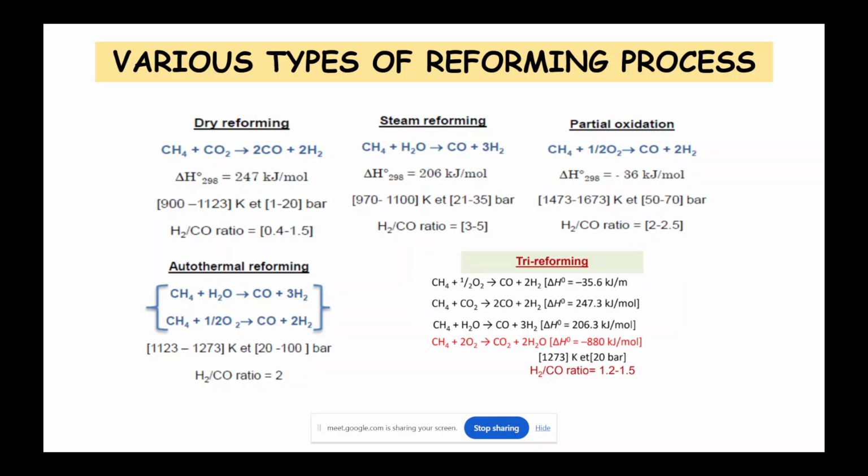So this syngas can be converted into liquid fuel through three different ways. The first one is the Fischer-Tropsch synthesis, the second one is the methanol synthesis, and the third one is the DME synthesis process. Any idea what DME is?